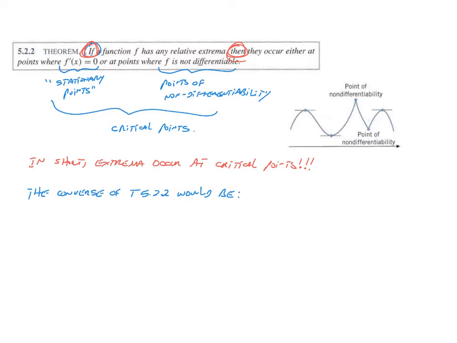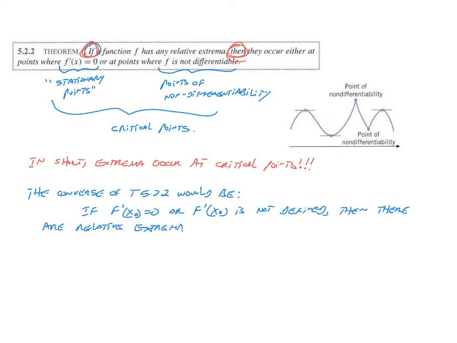But it would be something like: if f prime of x sub 0 equals 0, or f prime of x sub 0 is not defined, then there are relative extrema at all x sub 0.